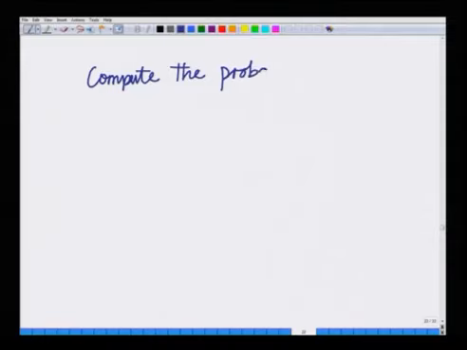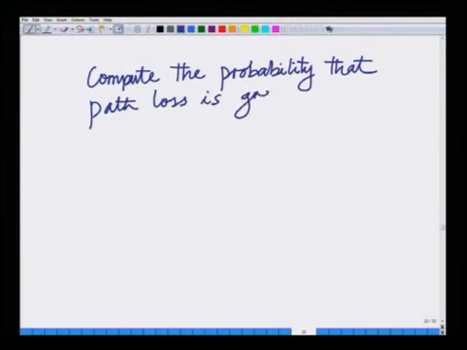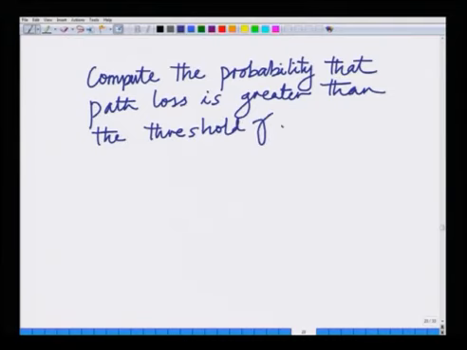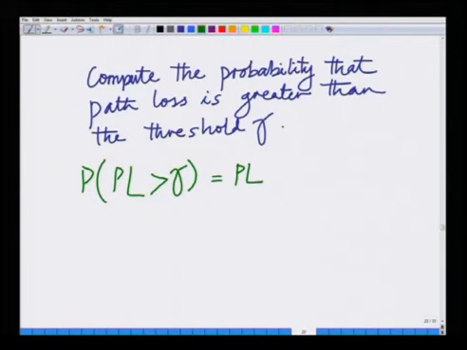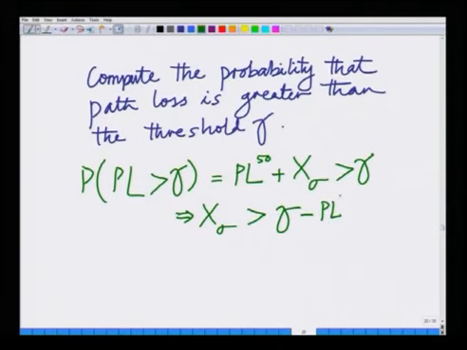The probability that the path loss is greater than gamma is the probability that the 50th percentile path loss plus x sigma is greater than gamma, which implies x sigma is greater than gamma minus the 50th percentile path loss.